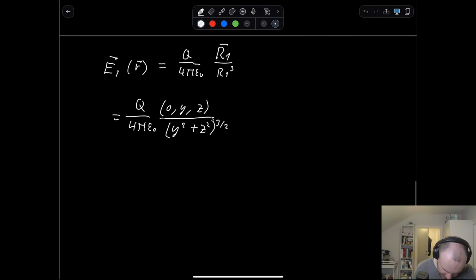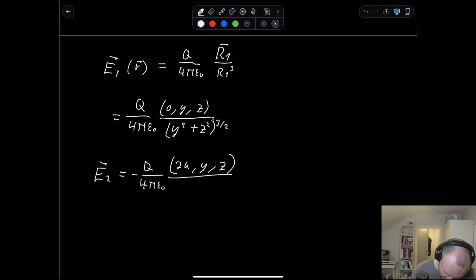Okay? And then E2 is just minus the whole thing because of the charge q. What we have is 2a, y, z, divided by, now this gets a bit weird, but it's alright, 4a squared plus y squared plus z squared, to the power 3 over 2.